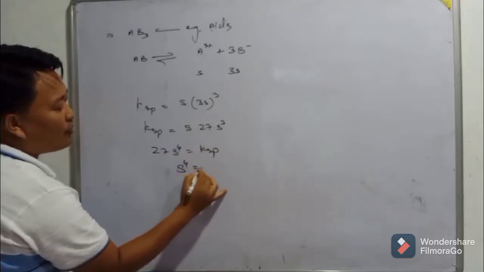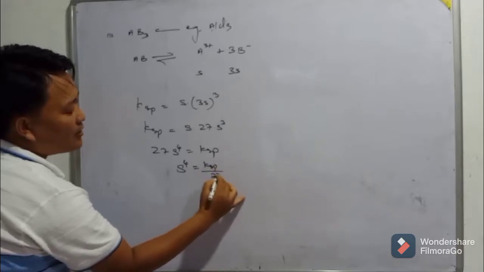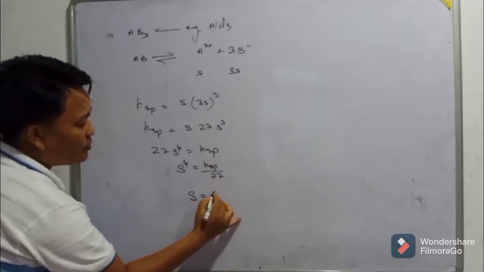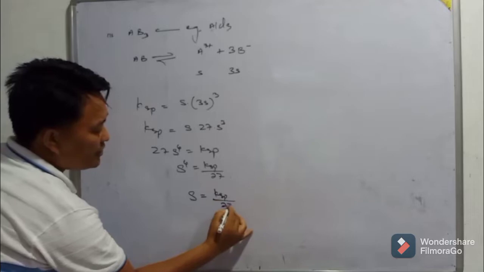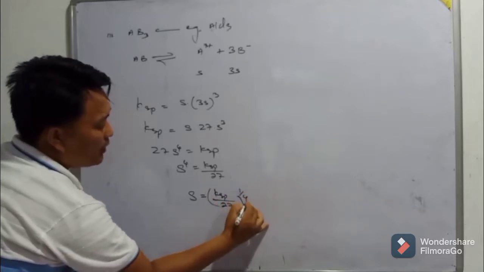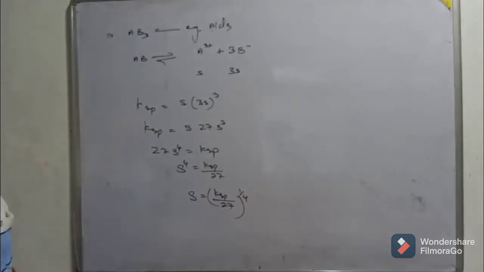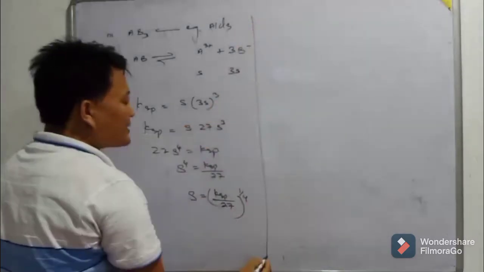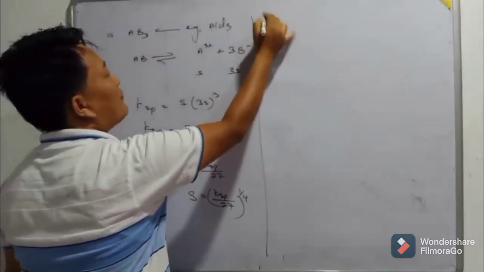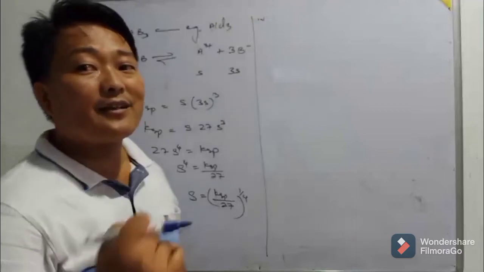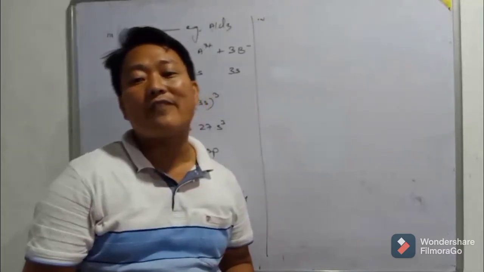Then S to the power 4 equals KSP by 27. Then S is equal to (KSP by 27) to the power 1 by 4, the fourth root. Now next, type 4, where we take the combinations of divalent and trivalent.